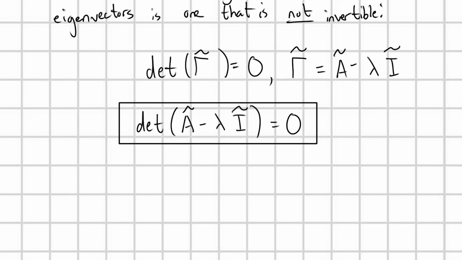And this here is the characteristic equation. And it's extremely powerful. So we use this characteristic equation all the time, but it's super important to know where it comes from. This is a really important constraint that helps us solve for our eigenvalues lambda. But hopefully this video was helpful. Thank you so much for watching.